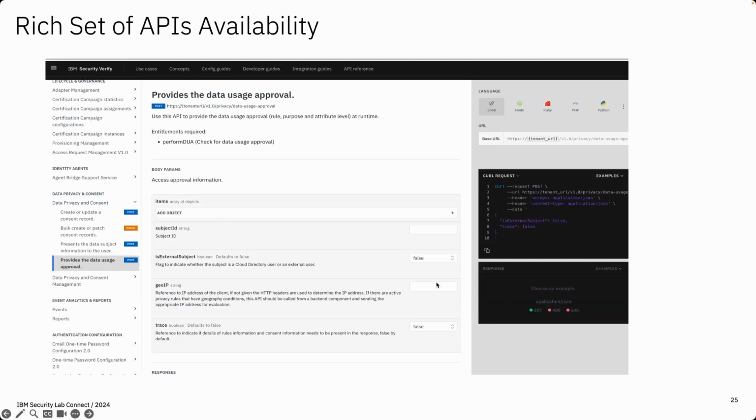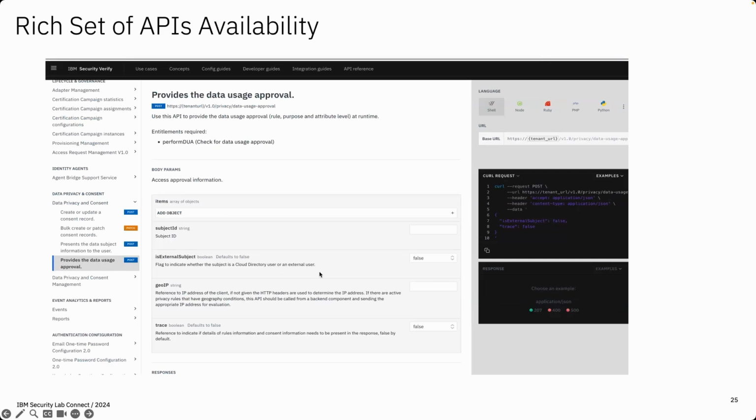Now I talked about point two. The basis of the second point of integration is the rich set of APIs that are made available in Verify SaaS, which provide a very good way to interact with the Verify privacy and consent management engine. As you can see on the screen, there are APIs available to create and update consent, and to check whether consent is approved or not.